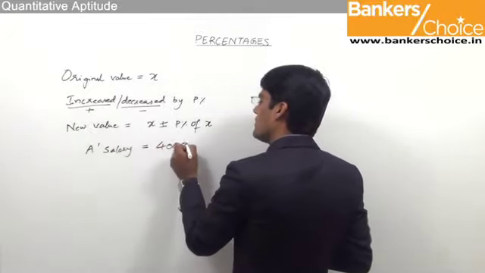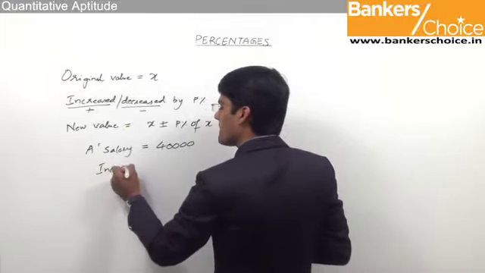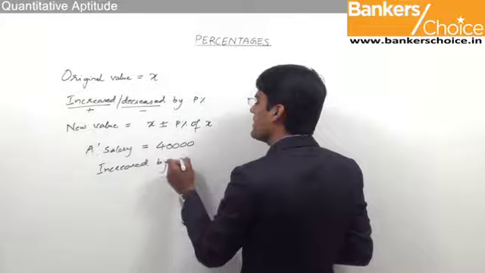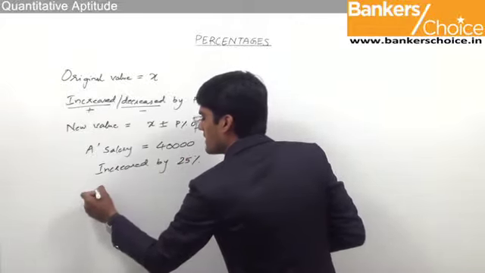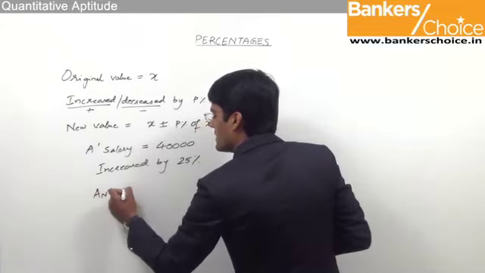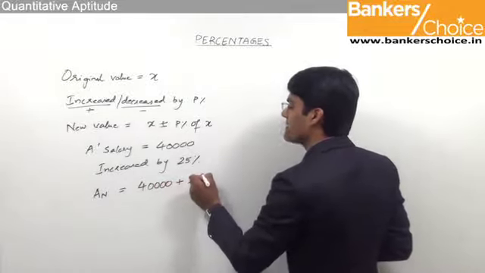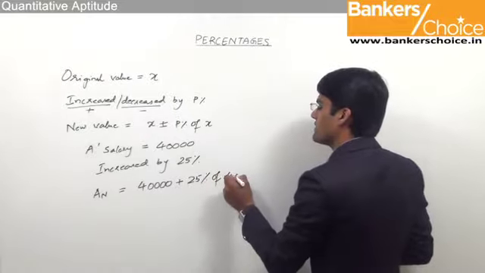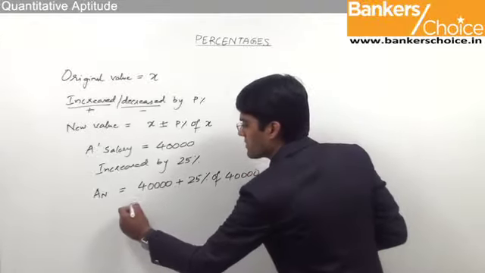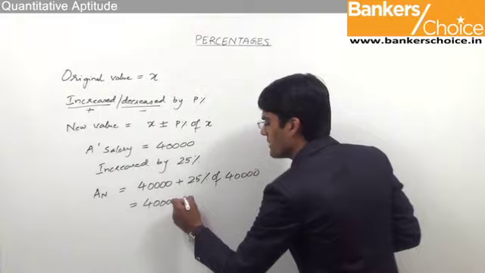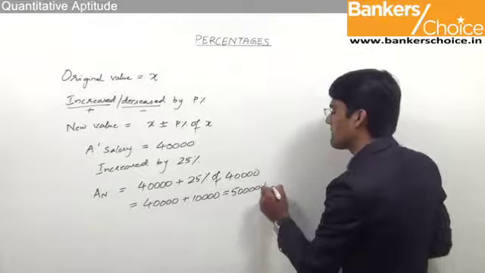Now when his salary has increased by 25%, A's new salary, let us call it AN, can be taken as 40,000, that is the original salary, plus 25% of the original salary, which is 40,000. Now we know that 25% of 40,000 is equal to 10,000. So this can be taken as 40,000 plus 10,000, which comes out to be 50,000 rupees.